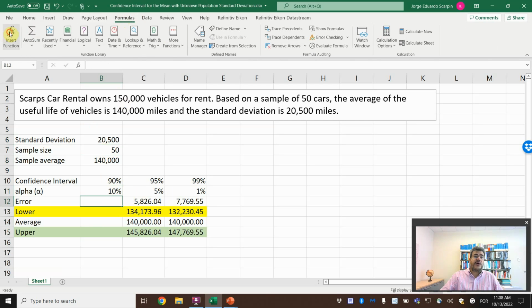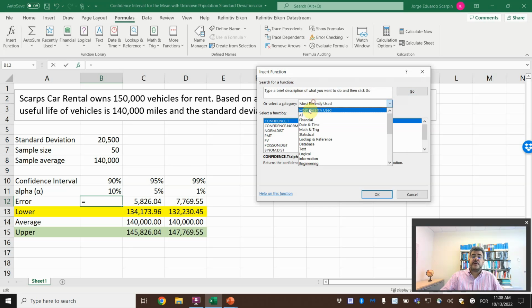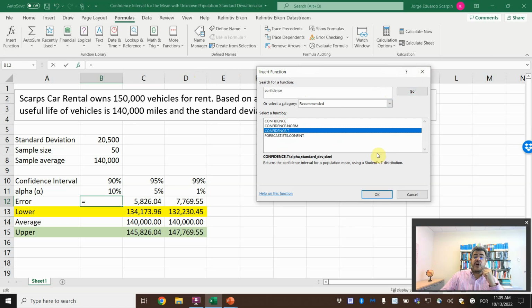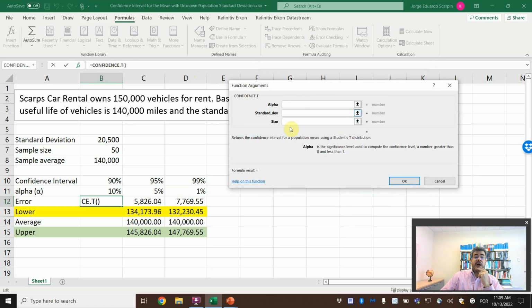Let's go to Formulas, Insert Function. Let's go to All, and let's type here confidence. Here we have CONFIDENCE for old Excels, and then CONFIDENCE.T, which is the confidence using the t-distribution. Alpha, 10%, and we want this to move when we copy and paste.